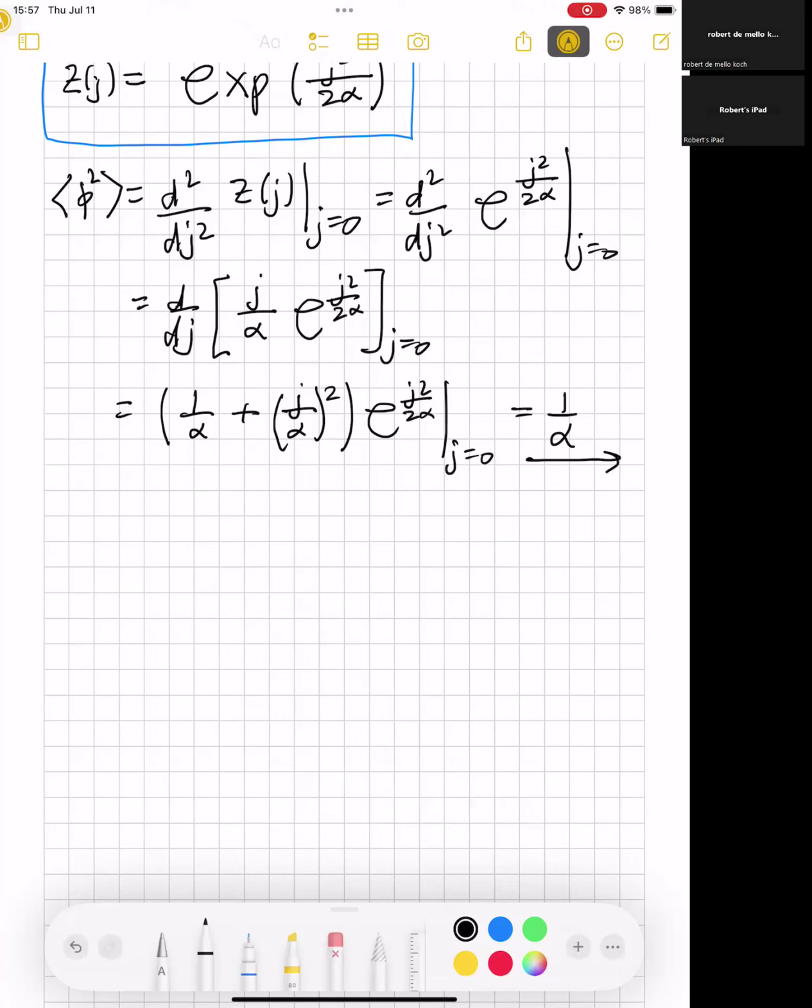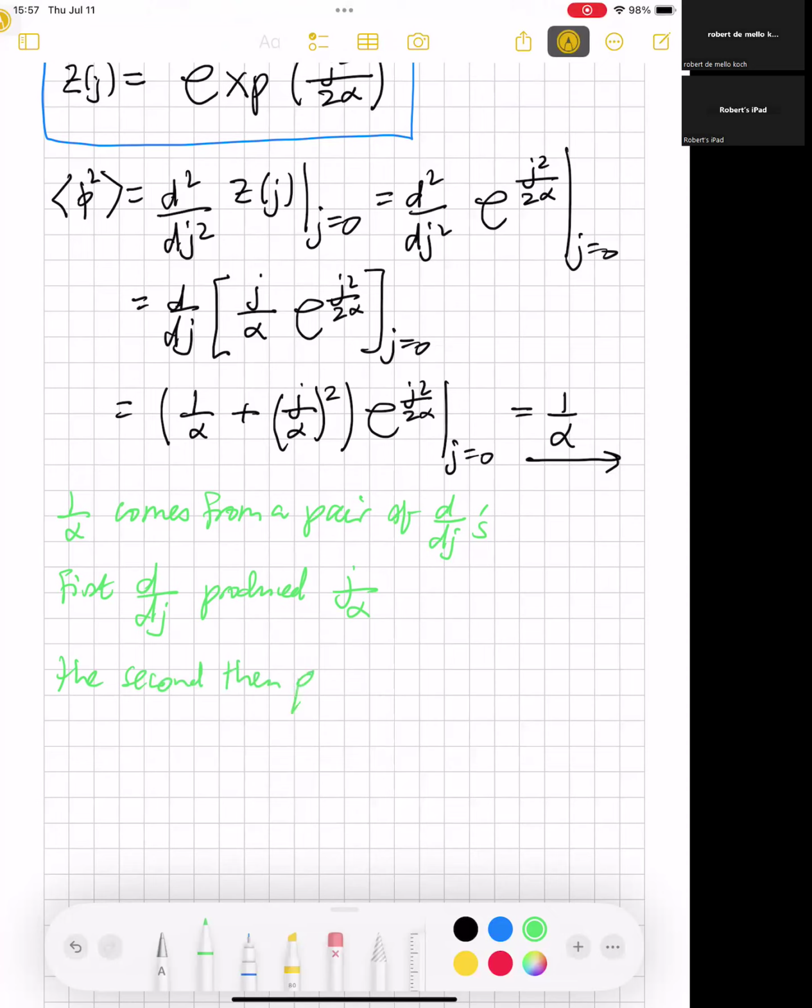And I'd like to explain where that 1 over alpha comes from. Okay, so 1 over alpha comes from a pair of d by dJ's. The first d by dJ produced J over alpha. The second then produced 1 over alpha.